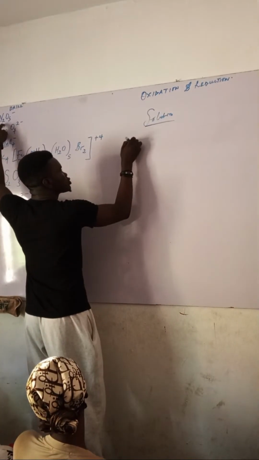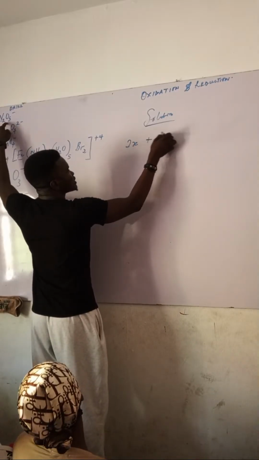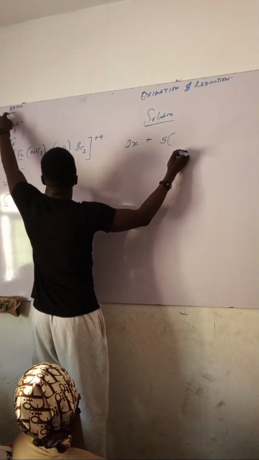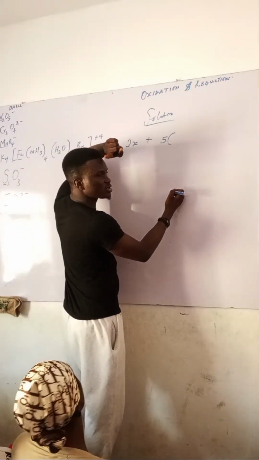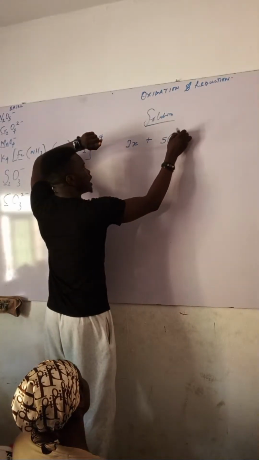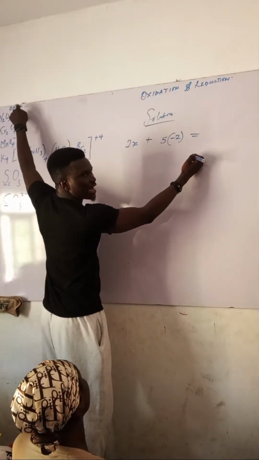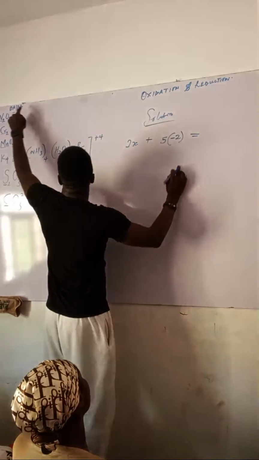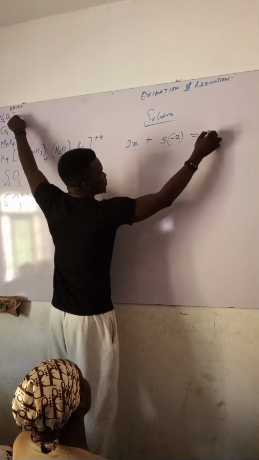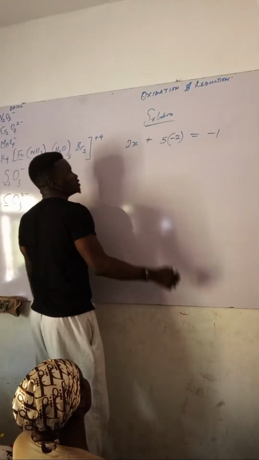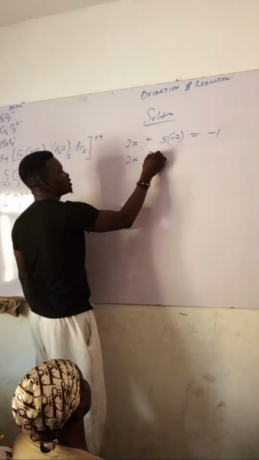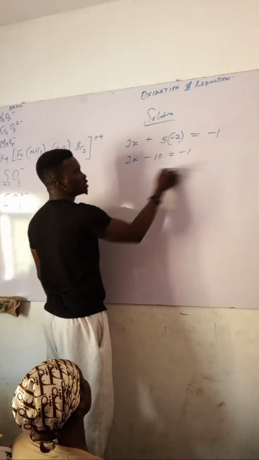So we are going to have 2X plus 5 into, every time we have oxygen, it is always minus 2. And that's going to be equal to the charge carried. That's the difference. The charge carried here is minus 1.